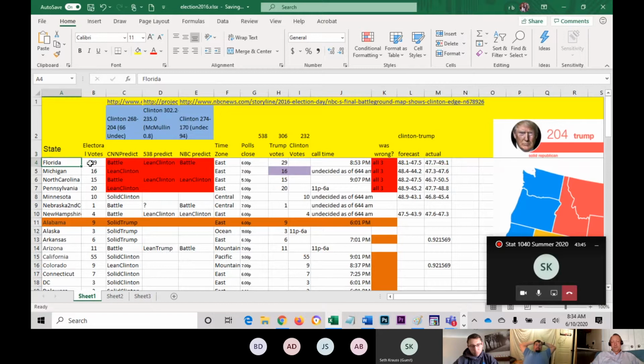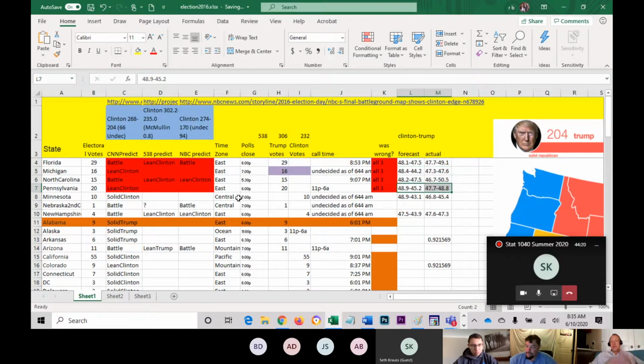And because of the way the Electoral College votes, instead of Hillary getting those 29 votes, because it's winner take all typically, except in Nebraska and Maine, we're going to say they got that wrong. But from a statistical point of view, they didn't get it wrong. Yes, they did pick the wrong winner, but once again, this was very close, and all of these were within the margin of error.